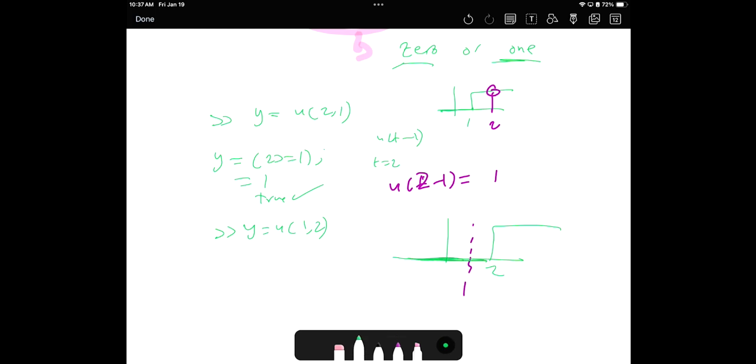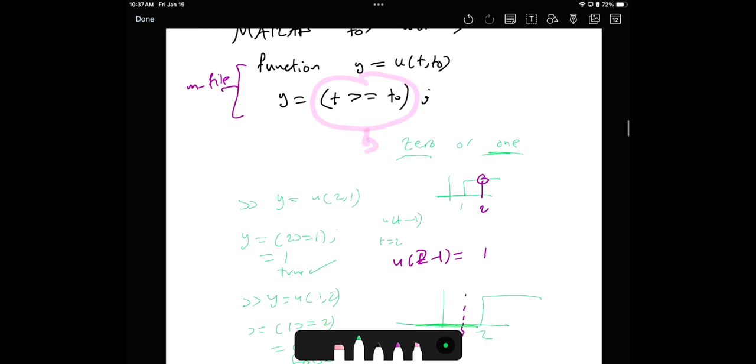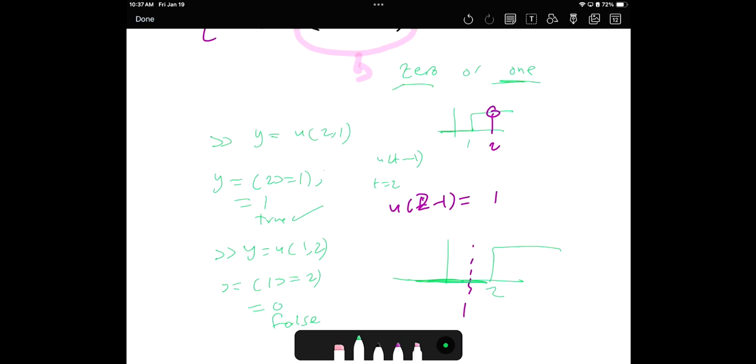What does MATLAB understand here? It will understand it as: is 1 larger or equal to 2? It's false. False will be written as 0. So basically this simple function can do the job for u of t. That's how MATLAB will understand.